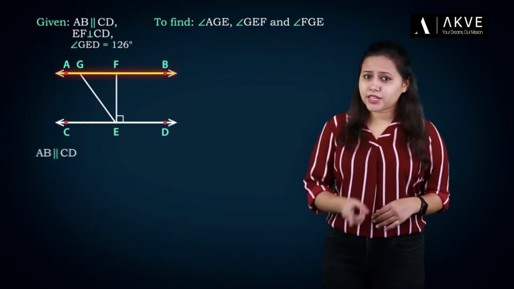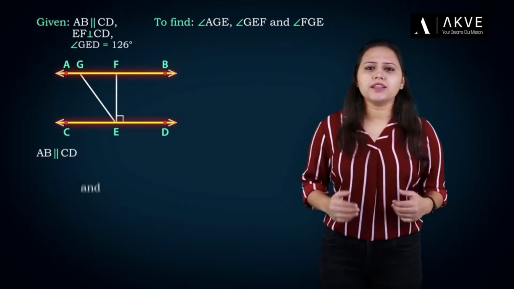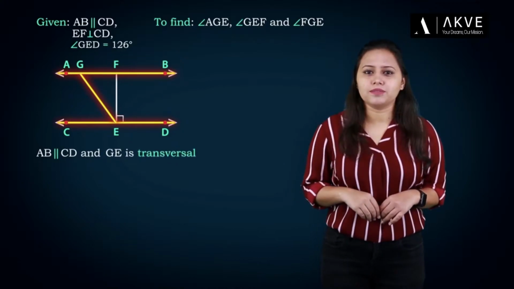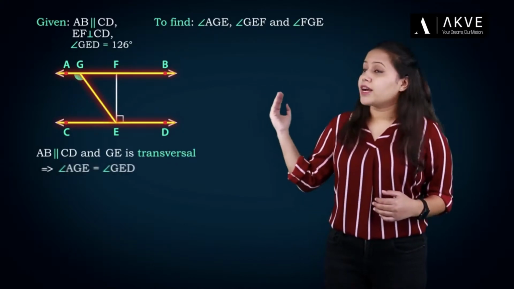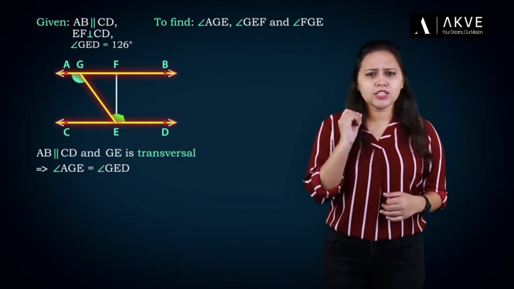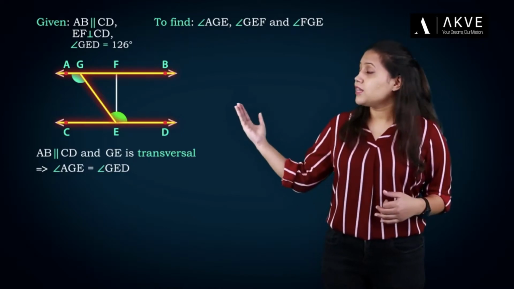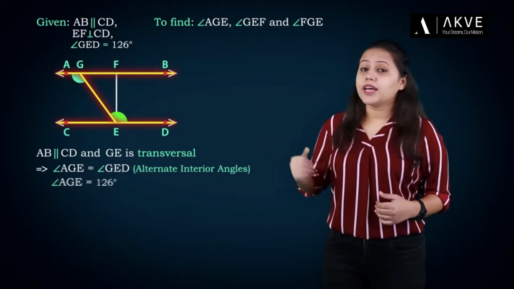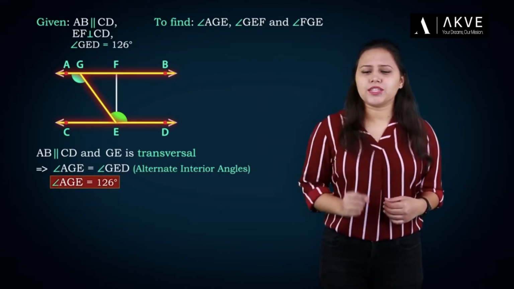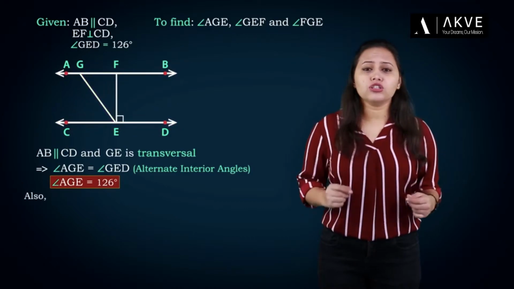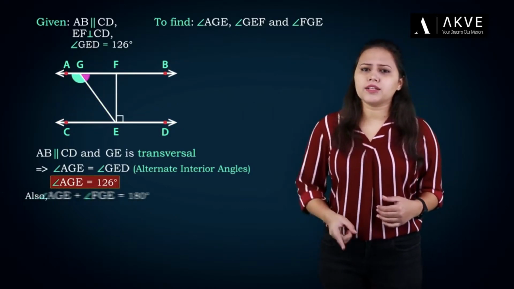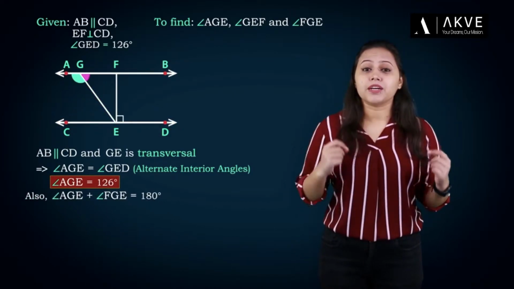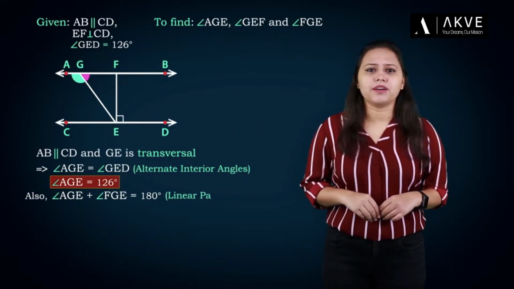Here, AB is parallel to CD and GE is transversal. This means angle AGE is equal to angle GED because these are alternate interior angles. Thus, angle AGE is equal to 126 degrees. Also, the sum of these two angles is 180 degrees because they form a linear pair.